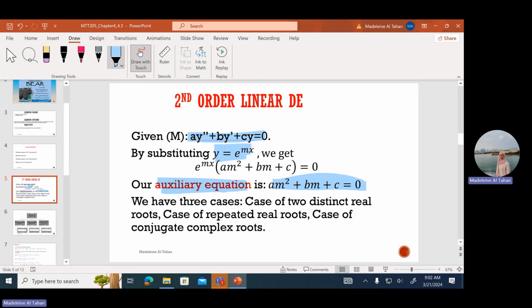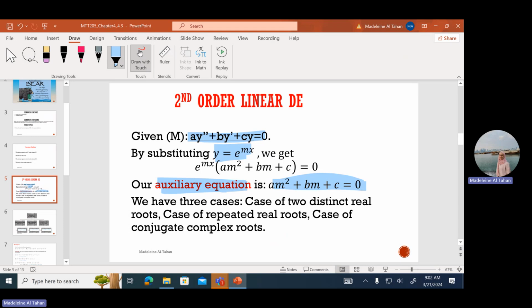If we have a quadratic equation, what are the possibilities for the roots? Usually you find the delta, right? The discriminant: delta equals b squared minus 4ac.